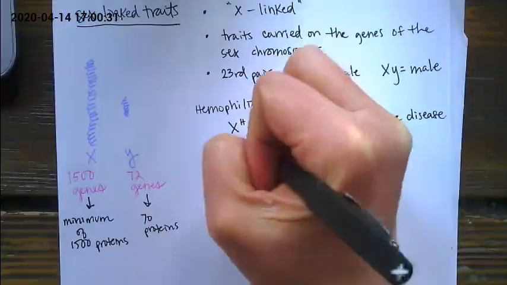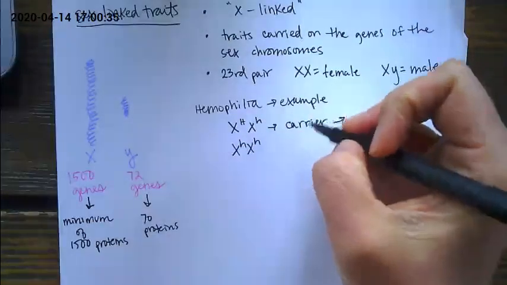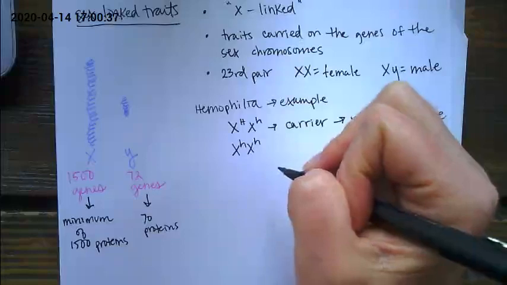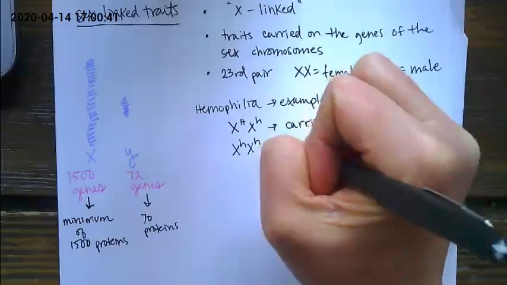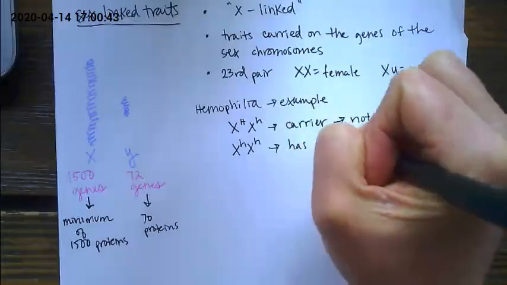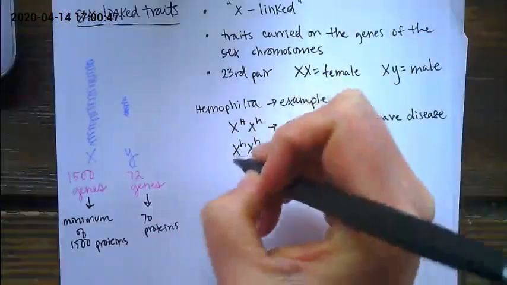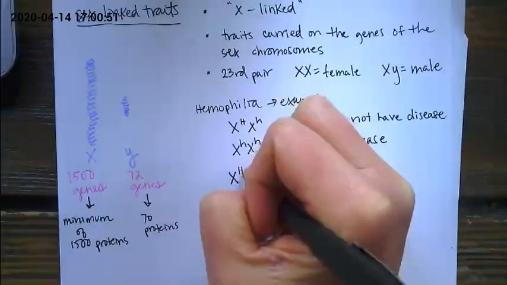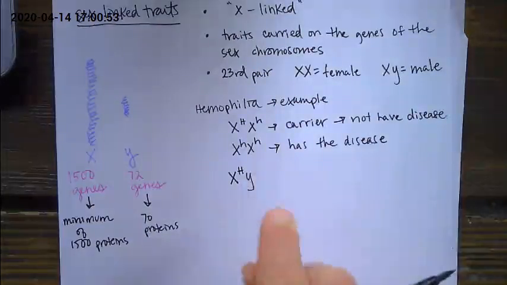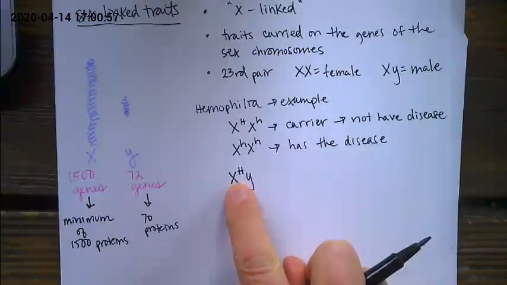If she was like this and she has no working genes, she's not making the right protein, she has the disease. Okay, guys, because they only get one X, they have a much greater chance of developing the disorder. So this guy here, his X chromosome was good.